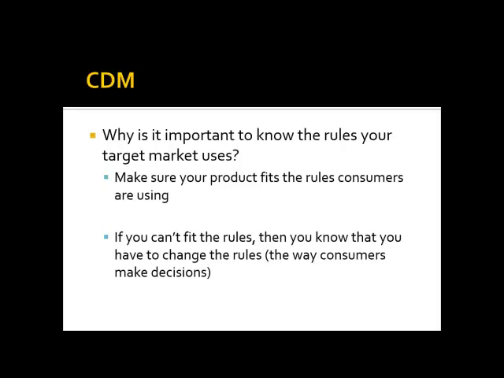If people are using non-compensatory types of rules, then you have to make sure that your brand fits on all the important criteria. If they're using a compensatory model, then it isn't quite as important as long as you can balance or compensate for the areas you're weak with some strong criteria that give you an advantage over your competition.